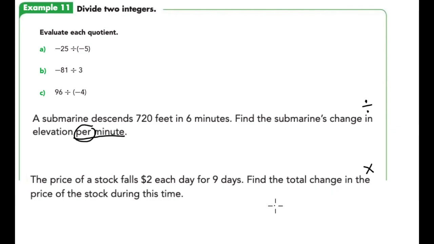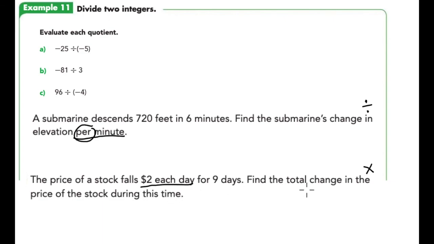If you look at the multiplication problem, we were given that information. In the multiplication problem, we were given that the price of a stock falls $2 each day. So we know that it falls $2 each day. So we're not going to try to find out how much it fell per day. We wanted to find out the total change.